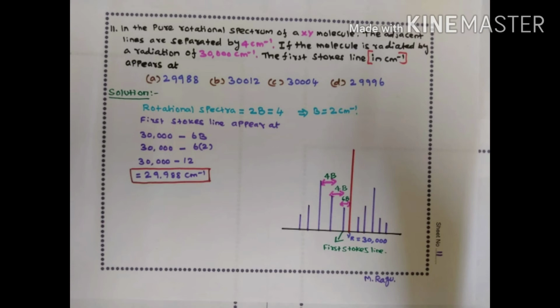See the figure. The center line, the red color, indicates the first Stokes line. Mu r is equal to 30,000 cm minus 1.